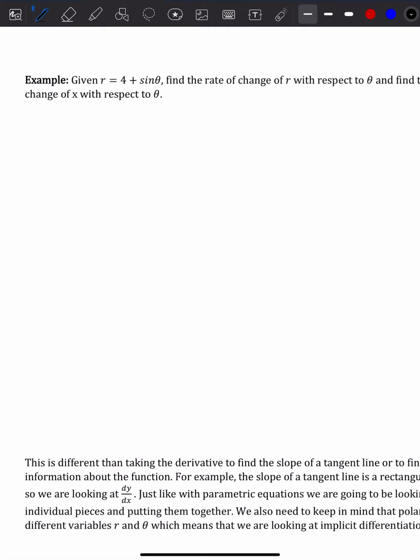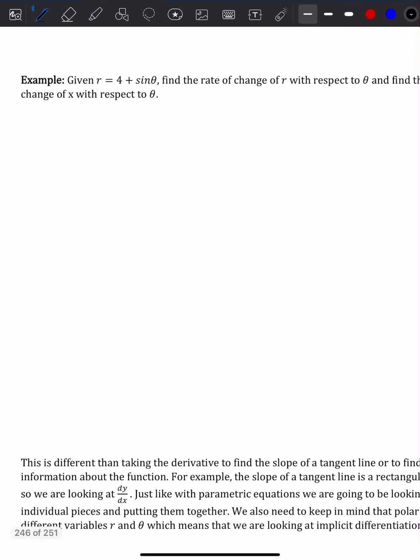The rate of change of r with respect to theta and the rate of change of x with respect to theta are not the worst things ever. We just have to be aware of what we're solving for. So we want dr over d theta, and we want dx over d theta.